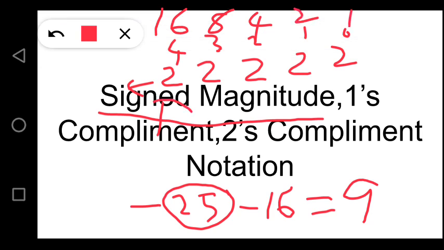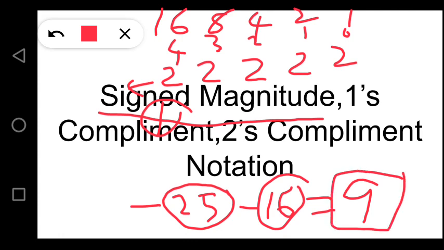We already mentioned 1 in the 2 power 4 position, so we completed 16. Now 25 minus 16, the remaining value is 9. So 9 means again I can specify 1 in 2 power 3. So 9 minus 8, how much would it be? 1.